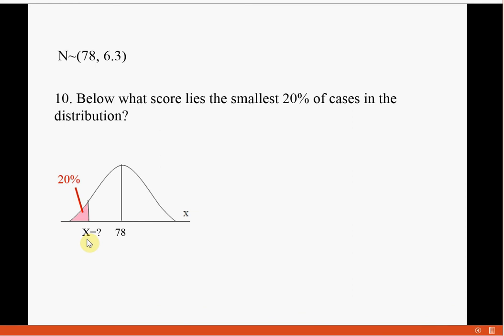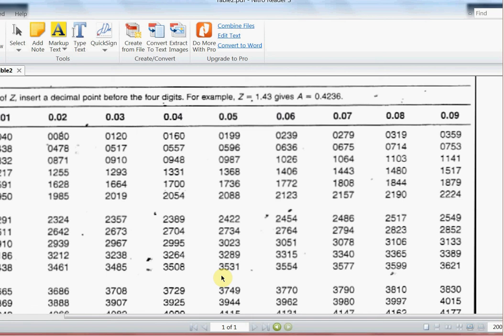Now you may just rush to the normal table to find the z-score that corresponds to 20%.